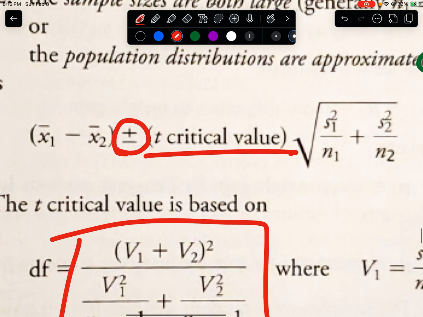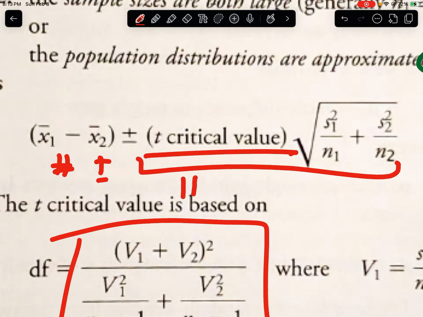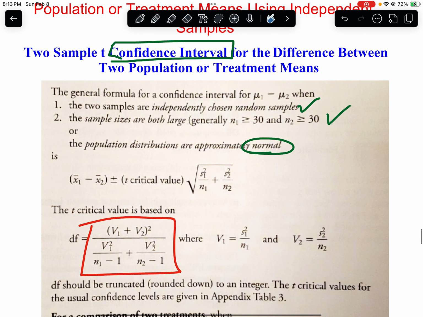And then this is going to give us two numbers in the end, because we've got a plus minus there. This whole thing should end up turning into a number, plus or minus. Okay, and so ultimately we're going to get two numbers from the plus minus piece of it, which will give us our confidence interval, our range of values.